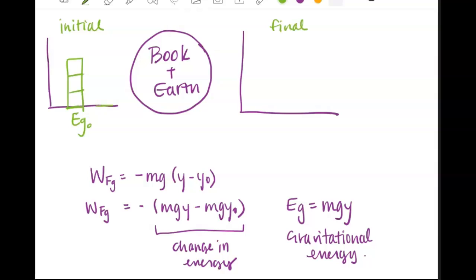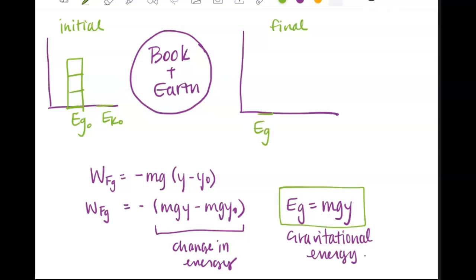Initially it wasn't moving, so EK initial is 0. And then right before we catch it, it's reached where we're going to call y equals 0. And so if our gravitational energy is mgy and y is 0, then EG final is 0.